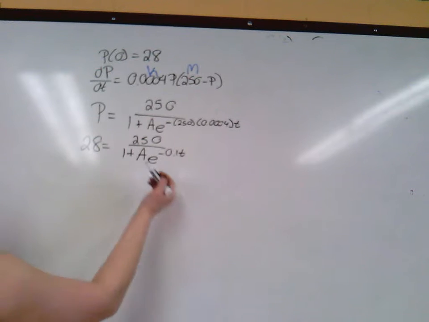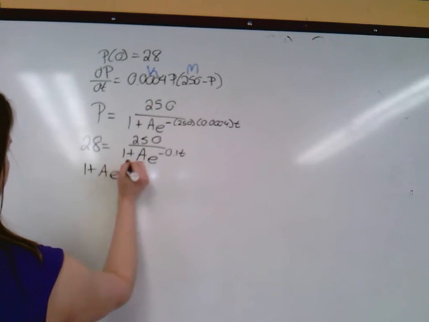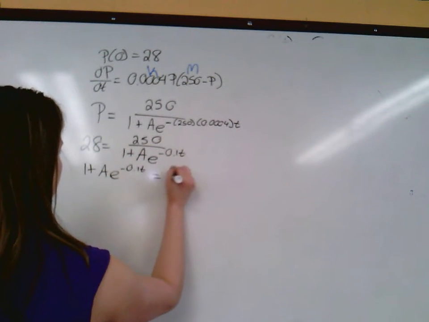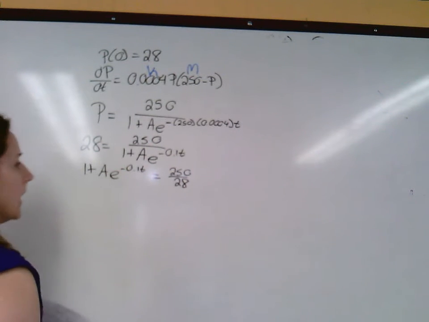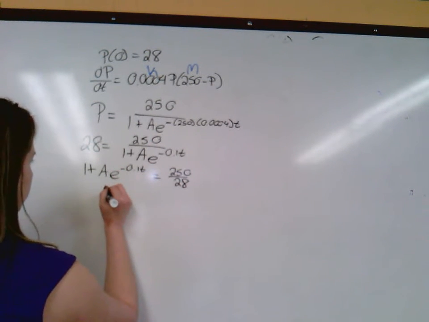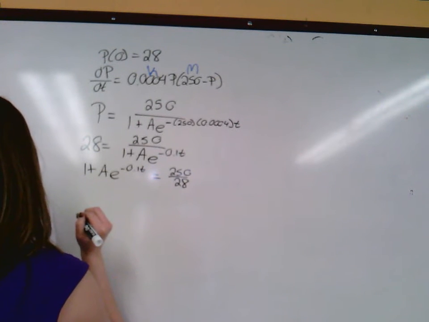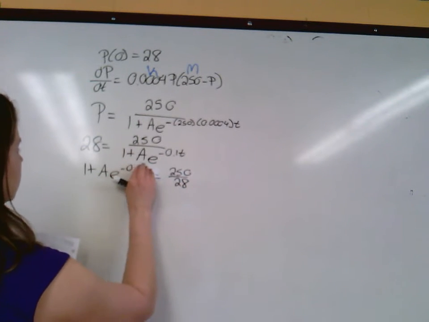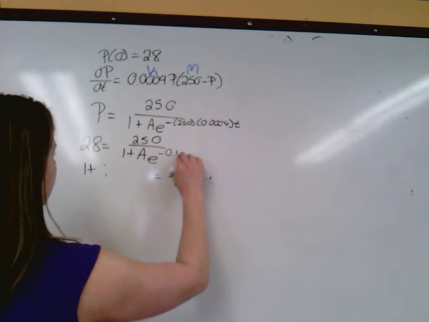Cross multiply, so I'm going to have 1 plus A e to the negative 0.1 t equals 250 over 28. Subtract 1 from both sides, so you get A e... Oh, I'm sorry, wait, we can make this easier. P of 0 equals 28, which means t is 0.